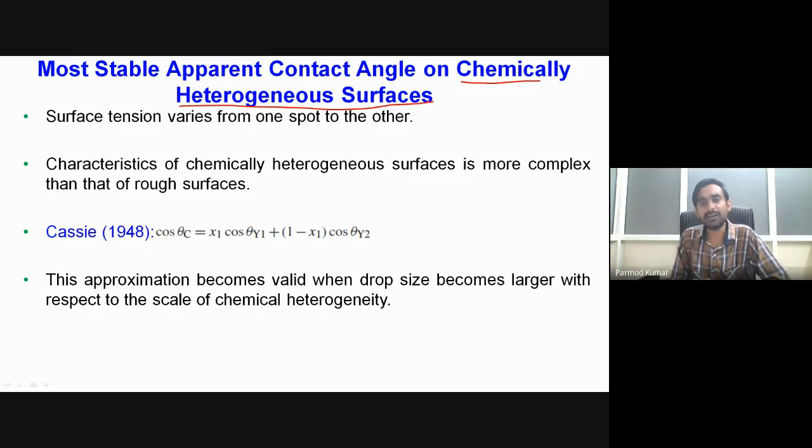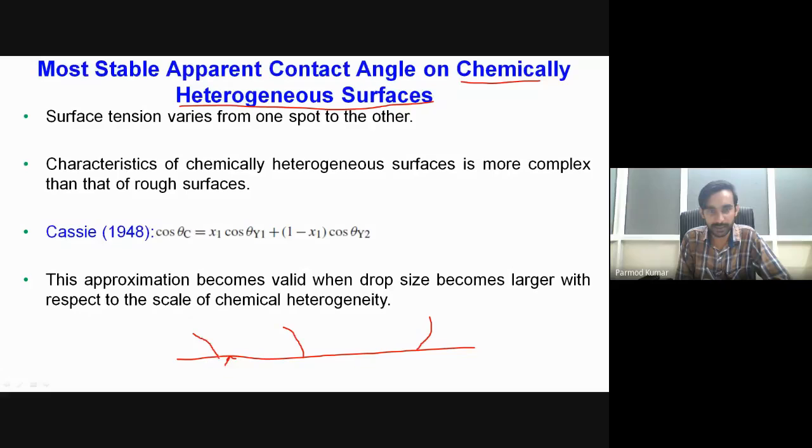Okay, so what is the meaning of chemical heterogeneity? Chemical heterogeneity means that if I take some surface, at some particular end of this surface we will be having different contact angle characteristics, and as we move to another location, we may have different static contact angle characteristics, and at another location we may have some different angle characteristics.